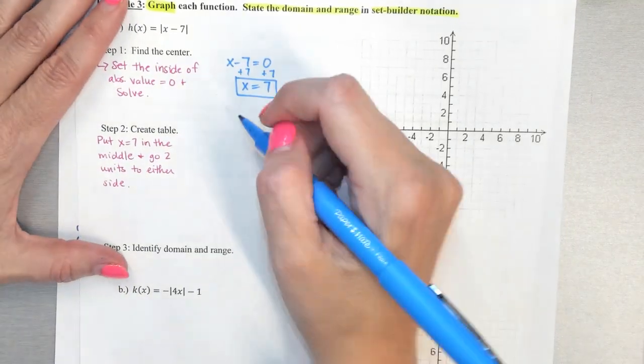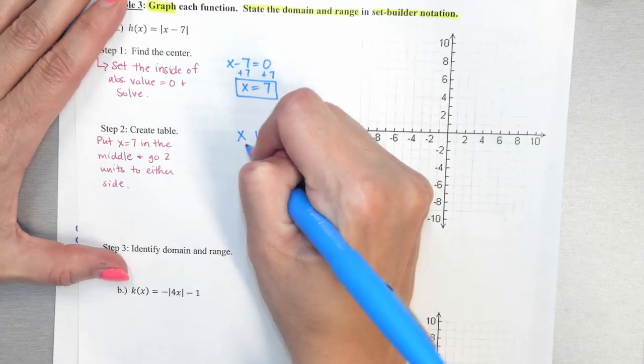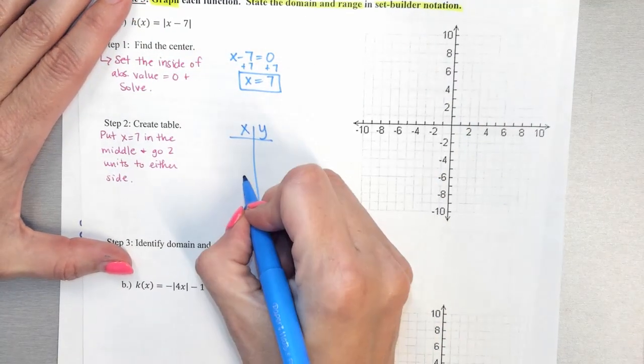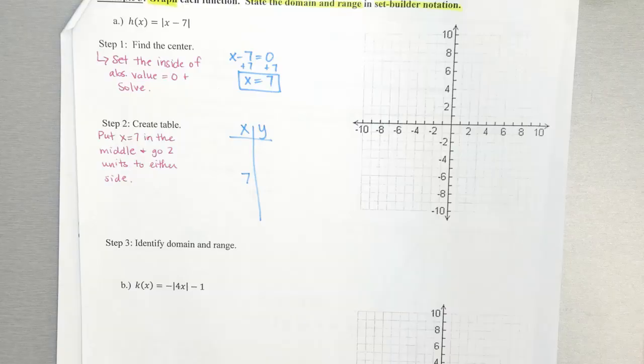Okay, so see if you can do that. See if you can create your table with the 7 in the middle. What does it mean? There will be 2 units to either side. What else are we going to put in our x values? And then we can start to find our y.